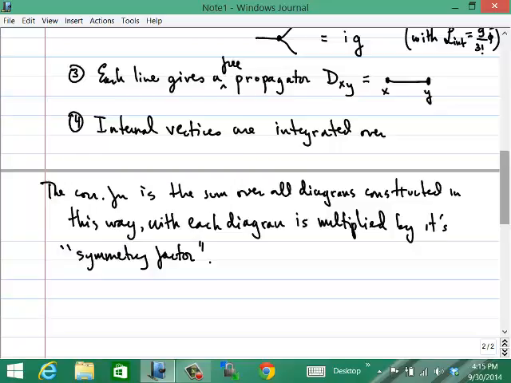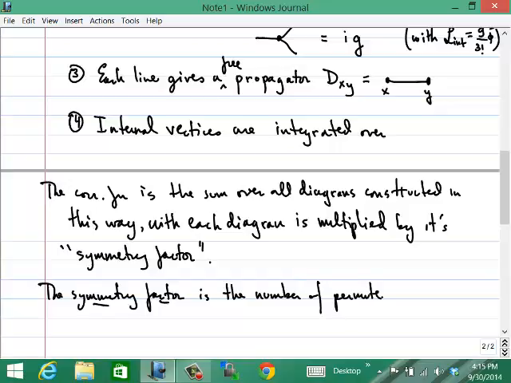Okay. So the symmetry factor of a Feynman diagram is the number of ways that one can permute the various propagators in a Feynman diagram holding the external vertices fixed.